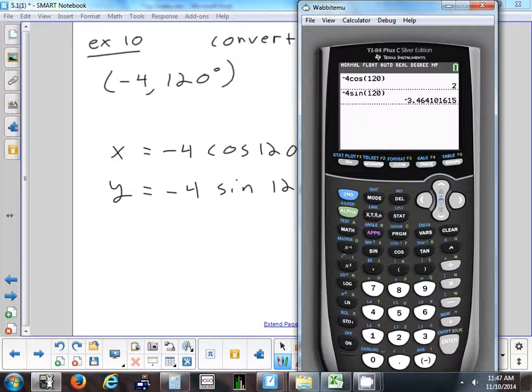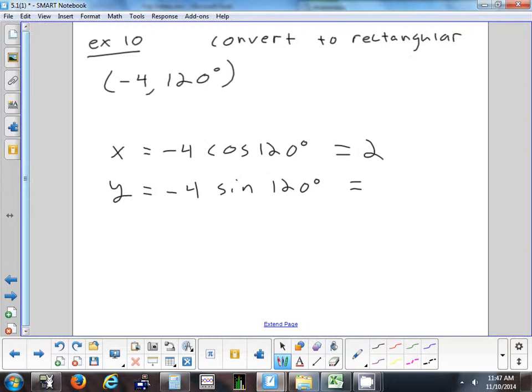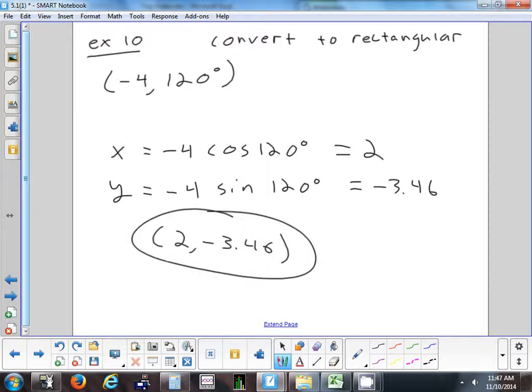So -3.46. Yeah, how many people got those as their x and y values? Yep, good. Okay, just don't forget, if they say to find a coordinate, which they did, converting it to rectangular, write your final answer as a coordinate. Okay?